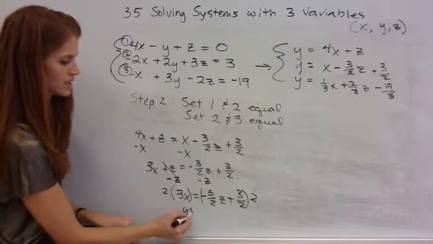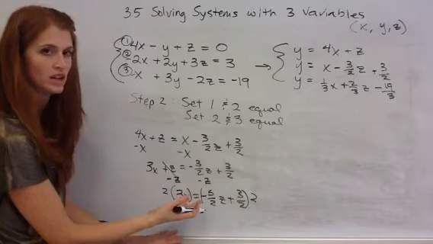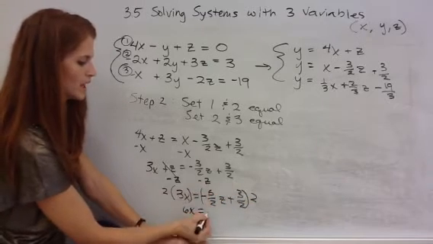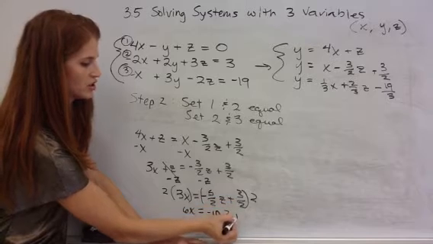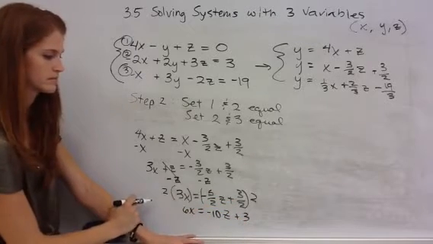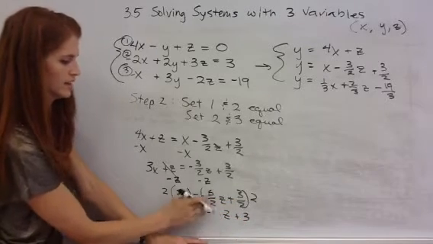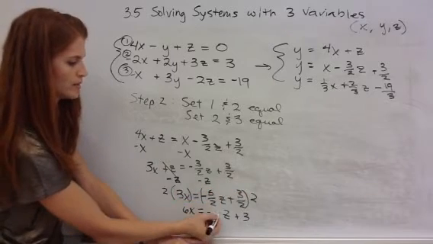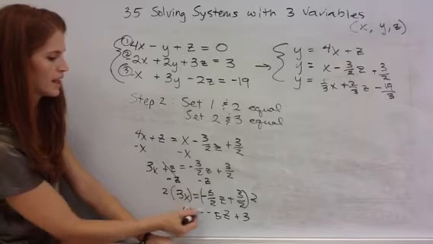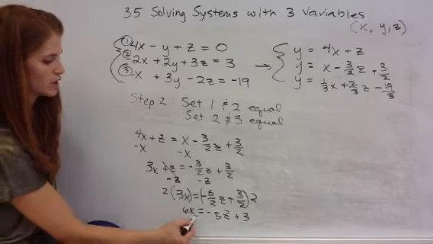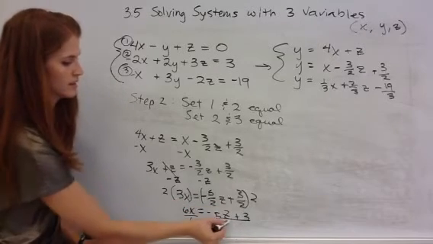This turns into a 6x. Over here, when I multiply this, I apologize. If I have 5/2 times 2, I'm just going to get a negative 5. My apologies. Now from here, again, we want to get x alone, so I'm going to divide through by 6.